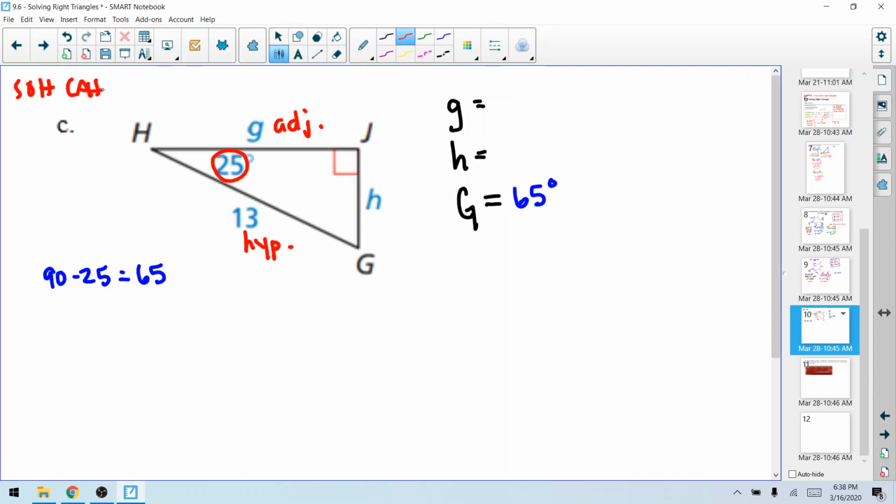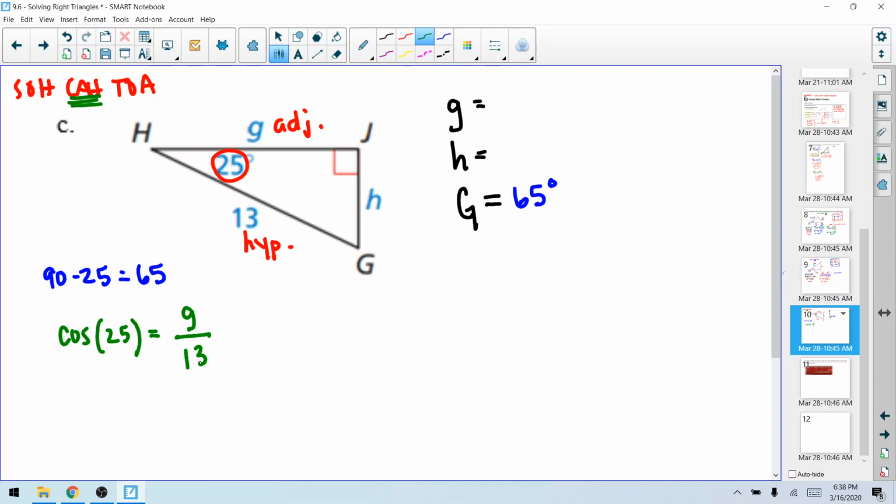So, CAH. Adjacent and hypotenuse, right there. So we're going to use a cosine. Cosine of 25 equals adjacent over hypotenuse. Now, look at that equation really closely.